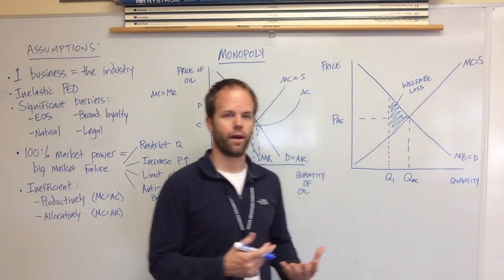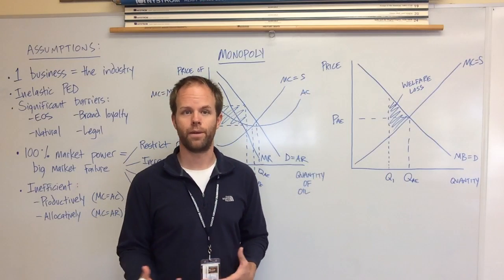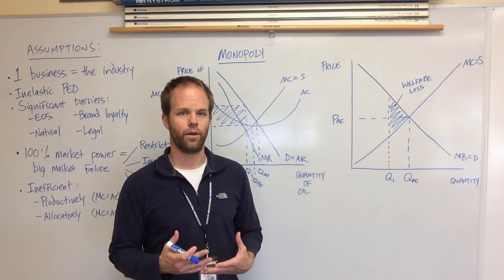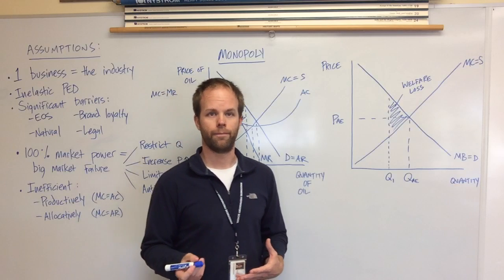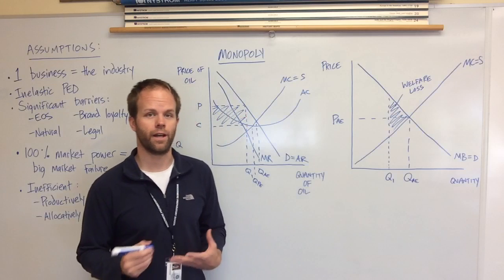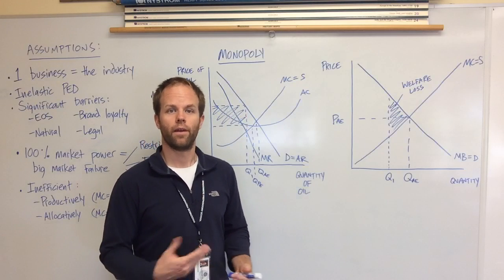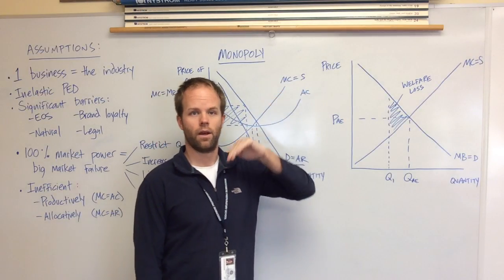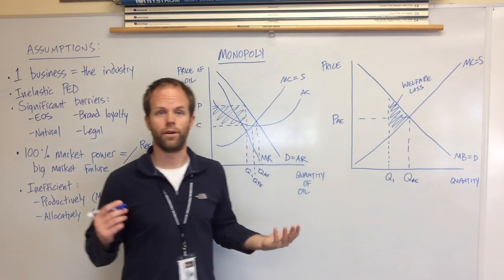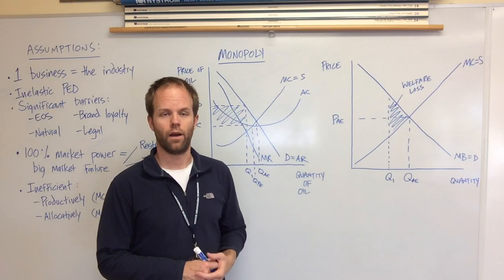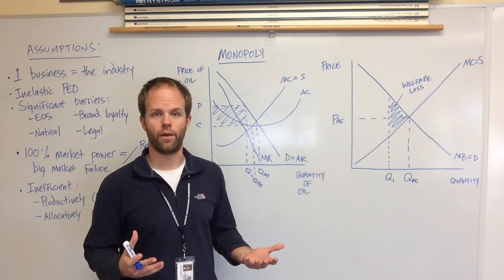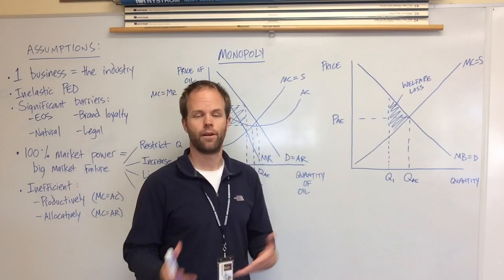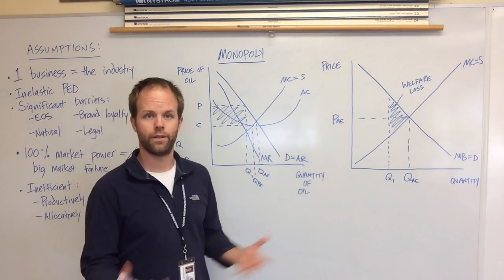With a collusive oligopoly, you have two or maybe three businesses in an industry, and instead of competing and trying to establish the lowest price, they work together and they set an artificially high market price where everyone can make profits, probably profits greater than they would be able to make if they competed instead of colluded.